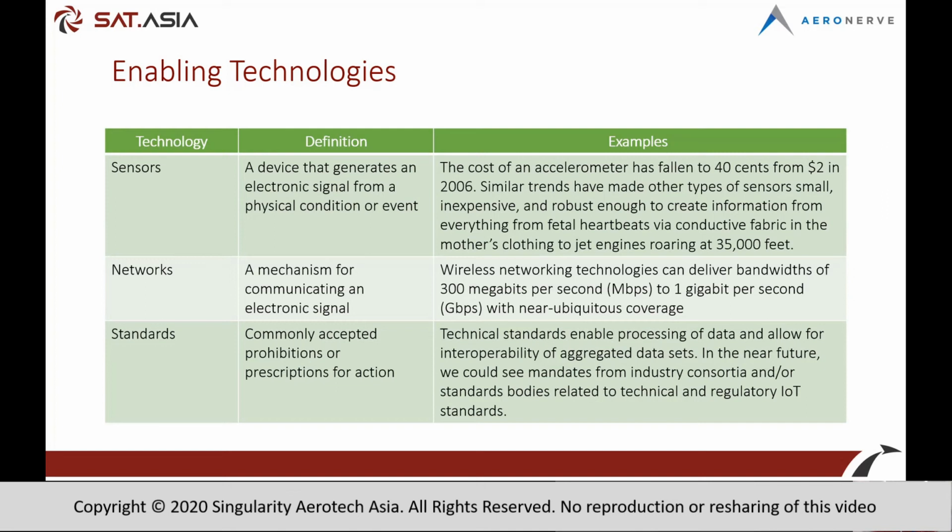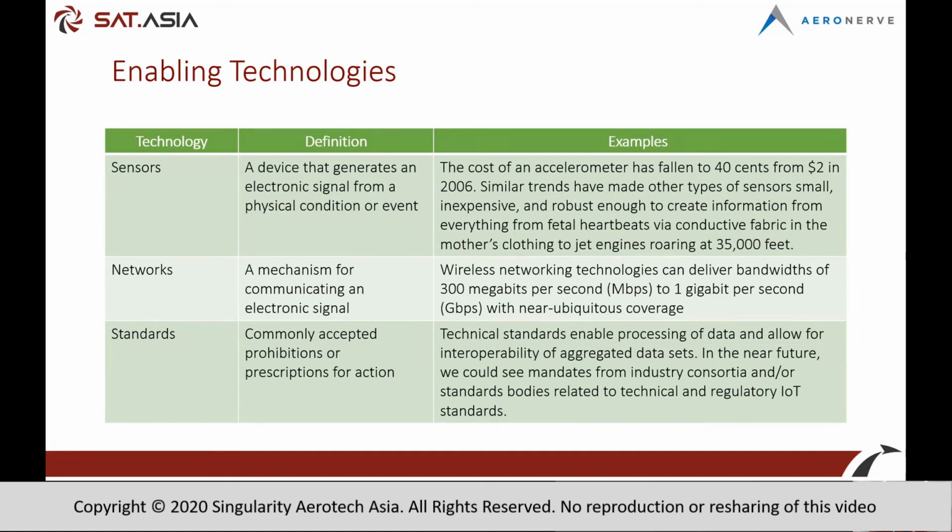The next technology that we'll be talking about is the network. When we want to communicate with another person, or machine to machine, it has to go through some sort of communicating mechanism, and most of the time it's based on electronic signals.